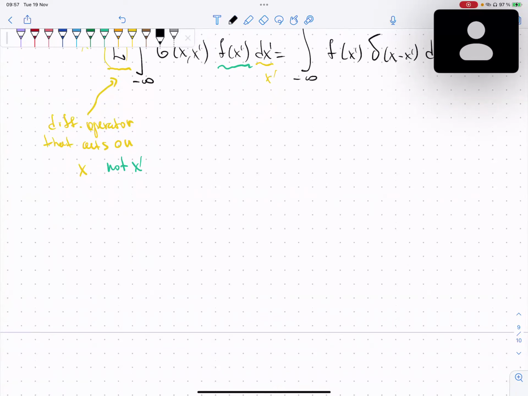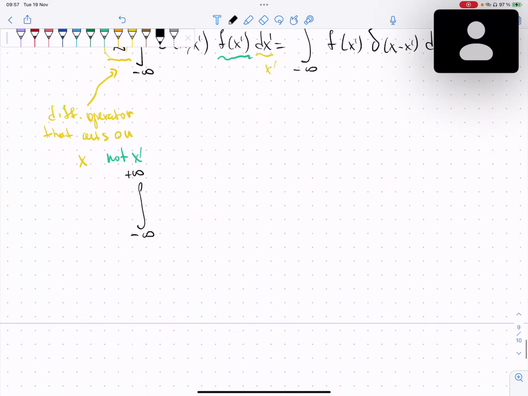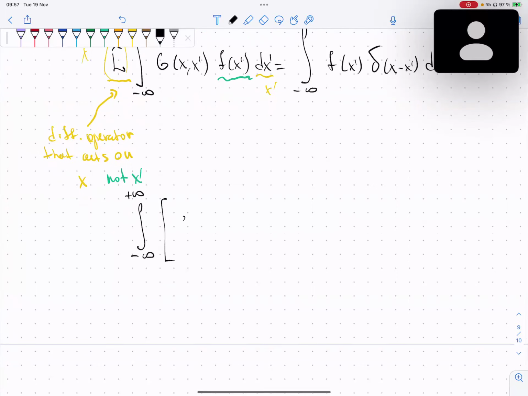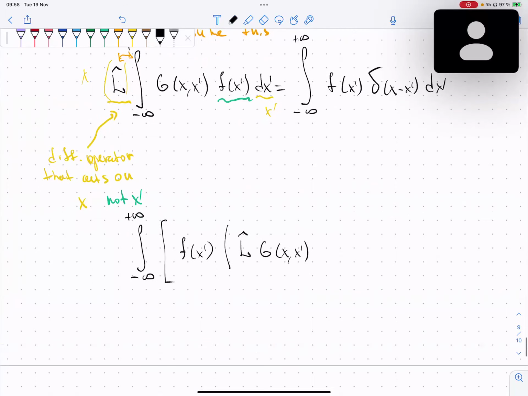So in the end, we will have something like this. This will be the integral of f of x prime, with L acting on g of x and x prime, and from the left side we have minus delta function of x minus x prime over dx prime.